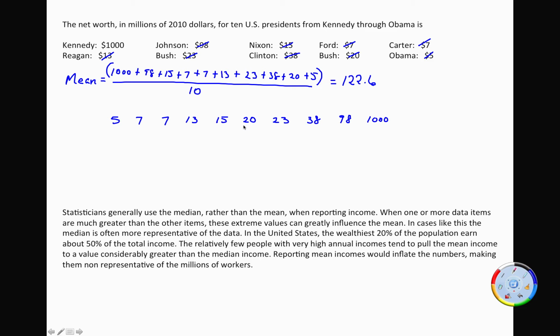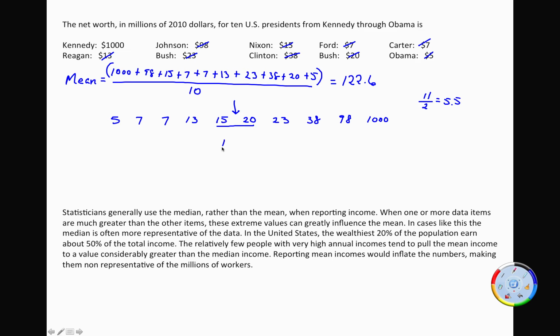However, just for practice, let's use our formula. I've already counted them. I know there's 10. So 10 plus 1, 11 over 2 is 5.5. I need to get halfway between the 5th and 6th data items. 1, 2, 3, 4, 5, and 6. Halfway between 15 and 20.